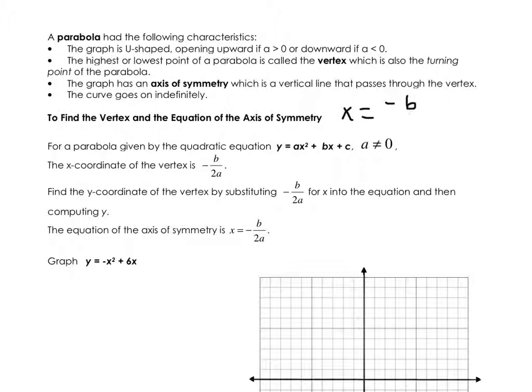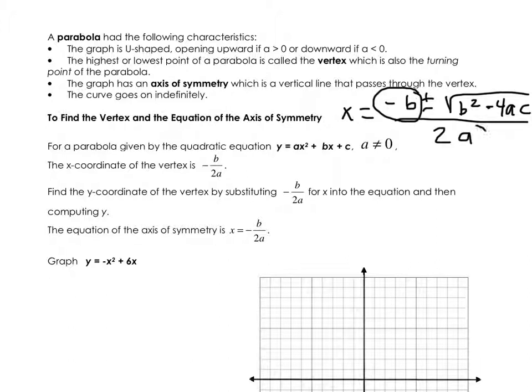It's negative b plus or minus the square root of b squared minus 4ac all over 2a. And look at that negative b over 2a. It's the first part of the quadratic formula. So that's where the vertex is.